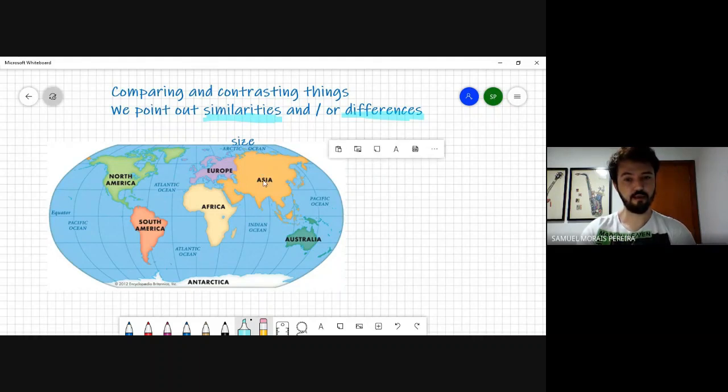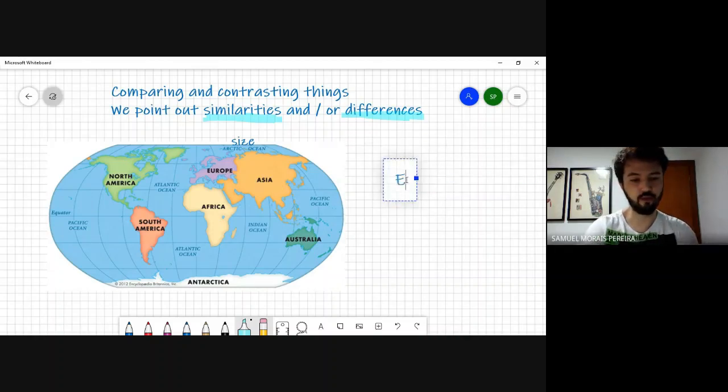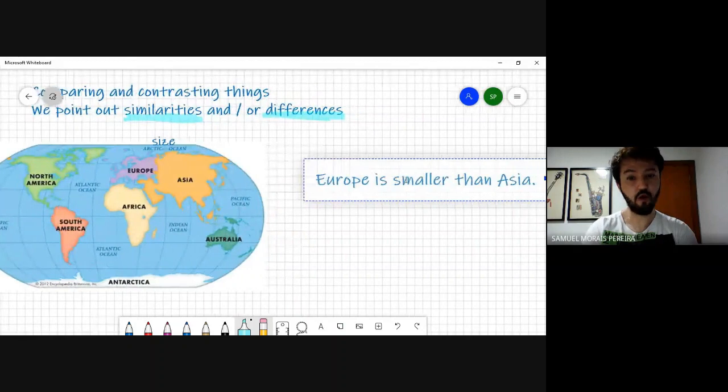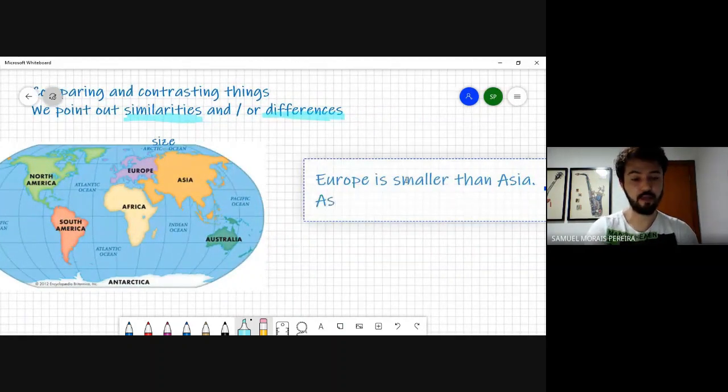As you can see here, Europe is smaller than Asia, okay? Olha, Europe is smaller than Asia. Or I could say that Asia is bigger than Europe, okay?